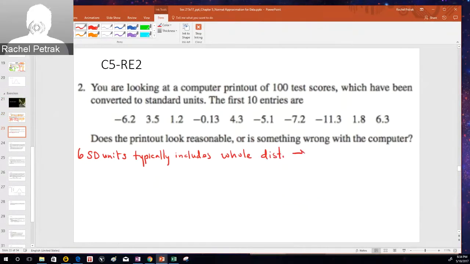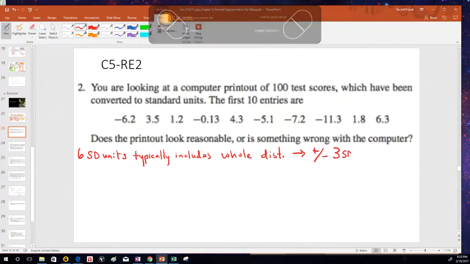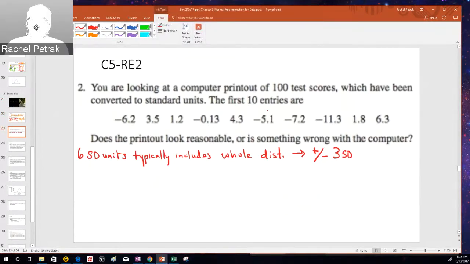So that's equivalent to plus or minus 3 standard deviations. So if we have scores in here that are above 3 or below -3, then they're probably unreasonable scores.